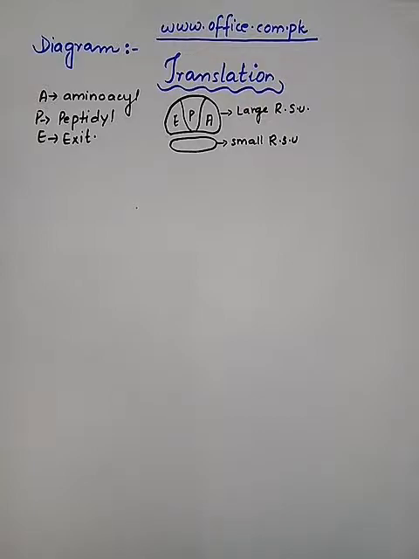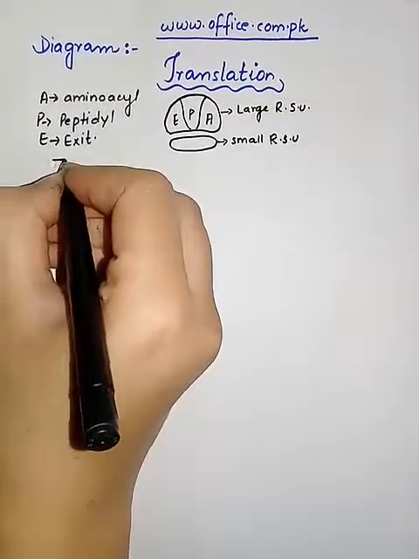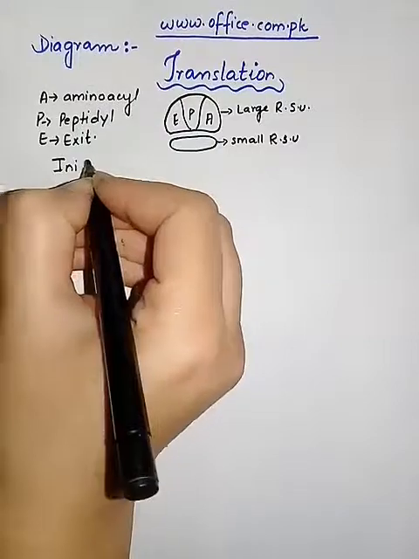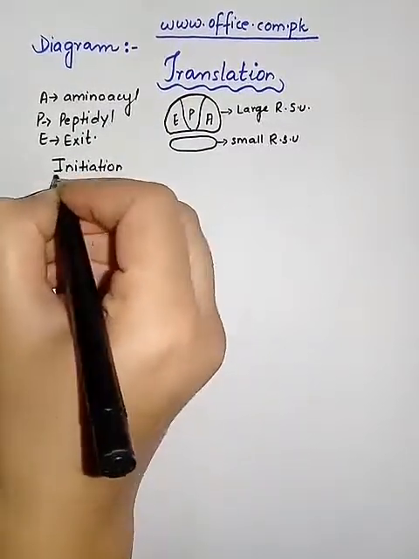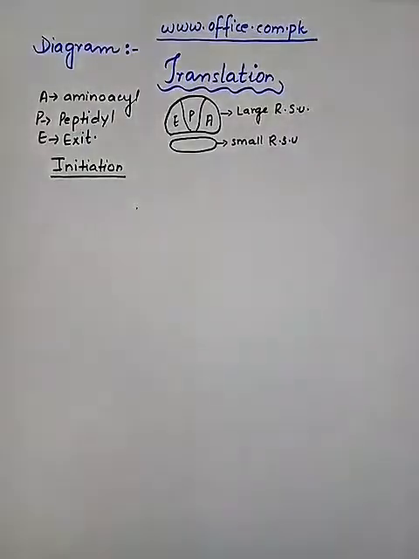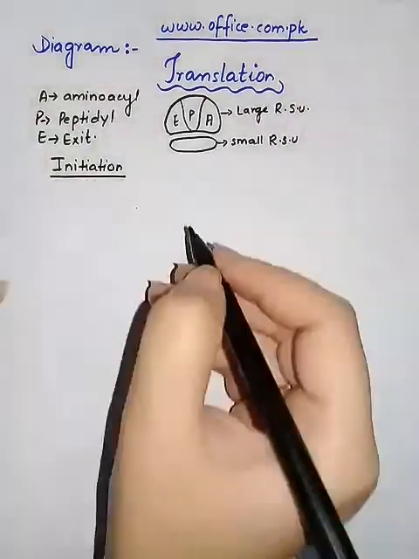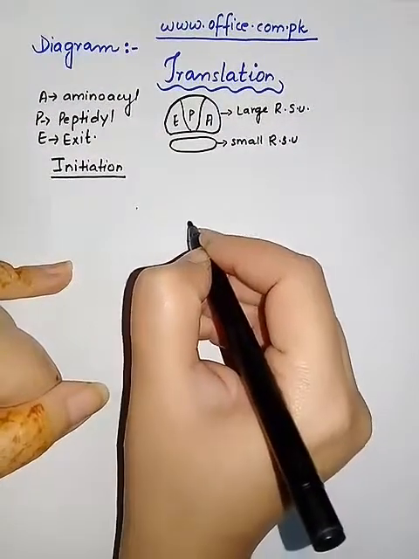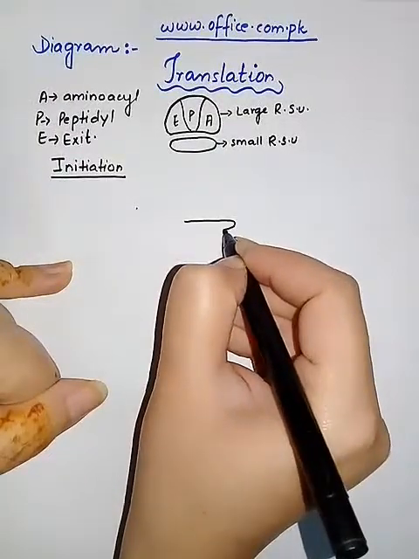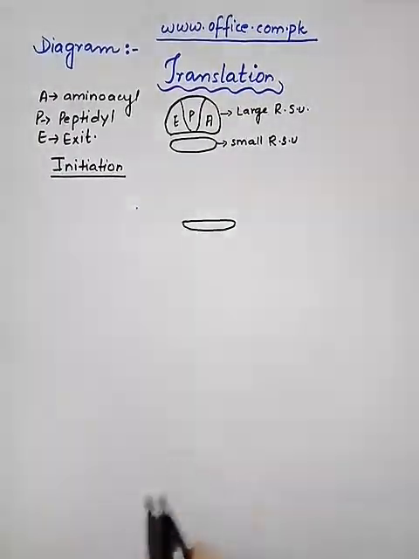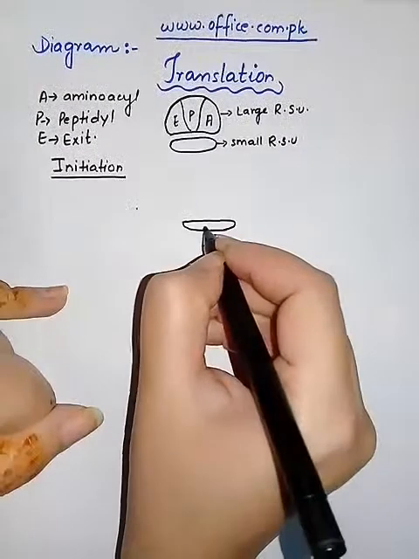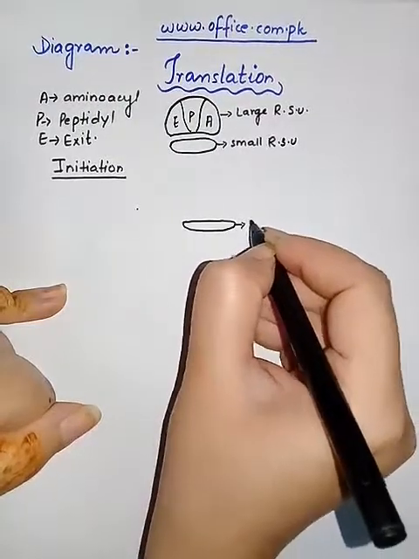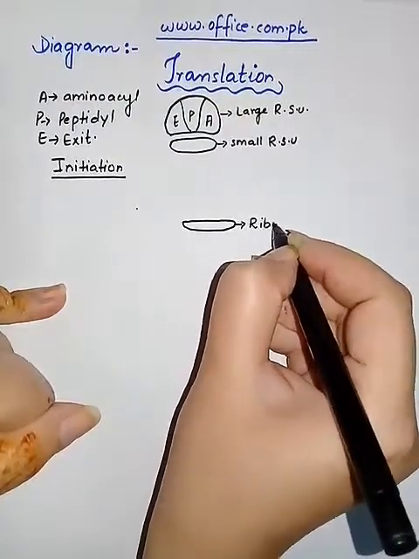Now the first step was initiation. Let us see what happens in initiation. First of all, there is the small ribosomal subunit. The small ribosomal subunit has ribosomal RNA.